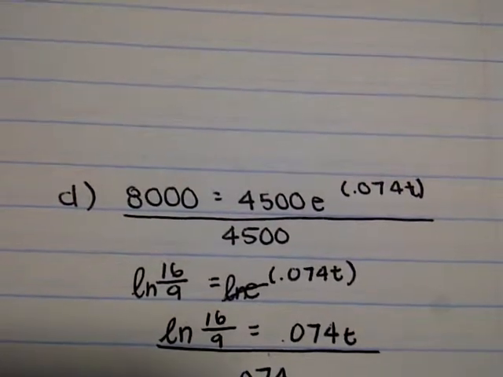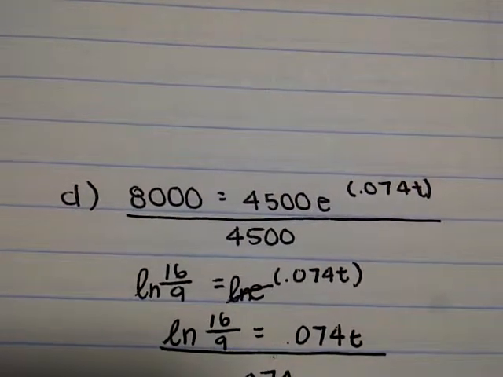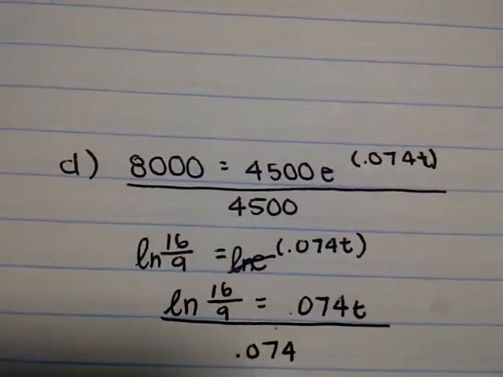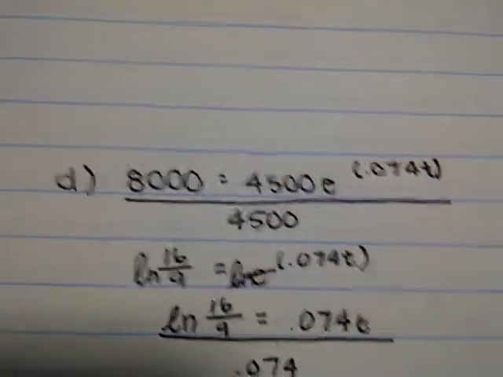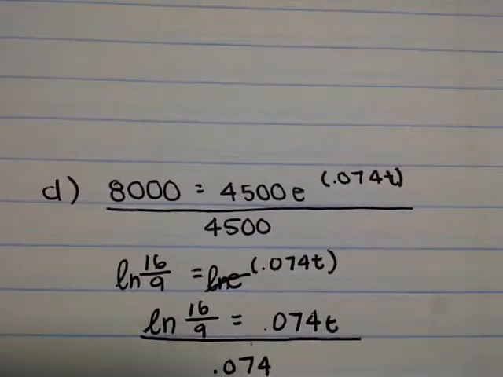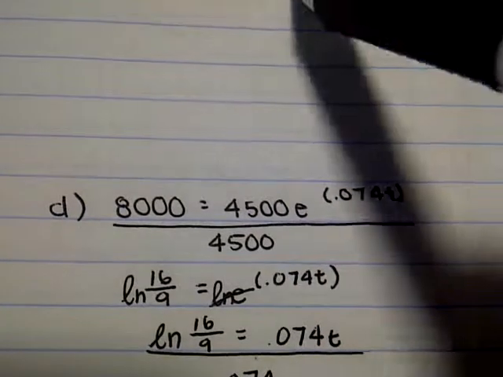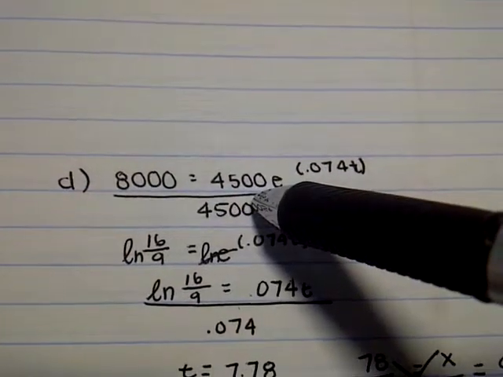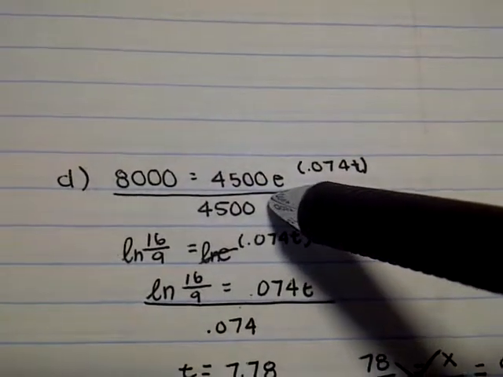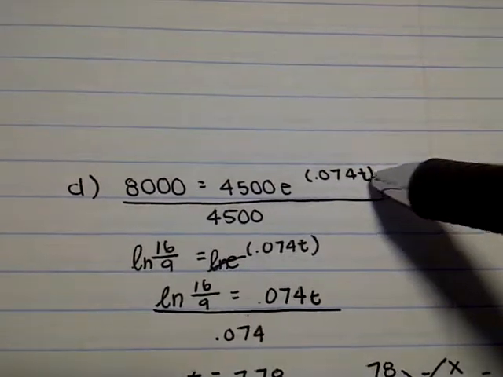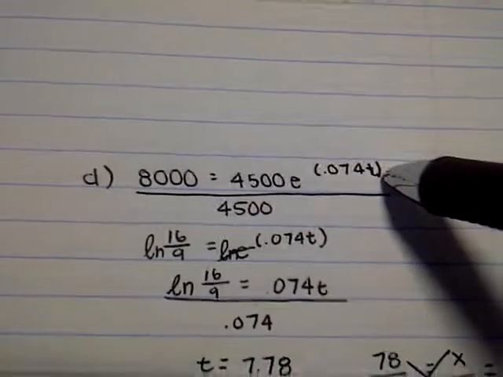For D, you're looking to see how long she must leave the money in the account if she wants $8,000 just gained from interest alone. In order to do that, you also use the same formula up here. You plug 8,000 over here, and then you plug in 4,500 times e to the 0.074 times t.